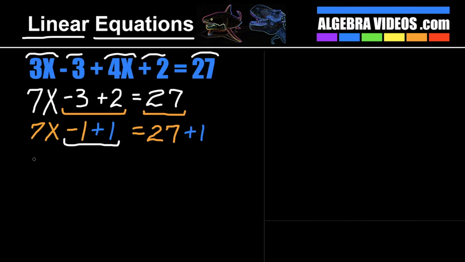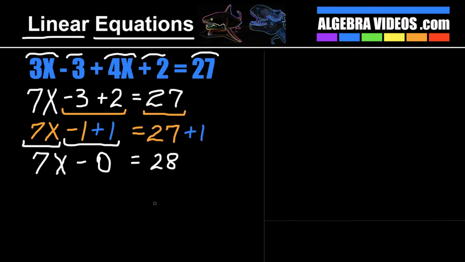So now when I rewrite the equation, 7x is this part right here. That doesn't change. And then minus 1 plus 1, well, that just turns into minus 0, right? Minus 1 plus 1 is 0. And that equals, on the right side, 27 plus 1 is 28.